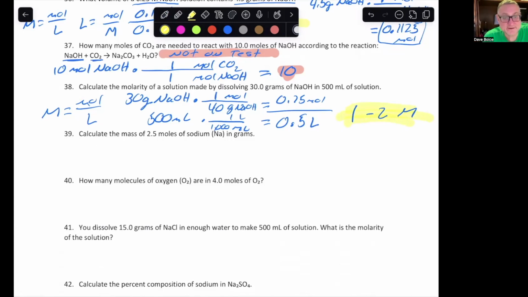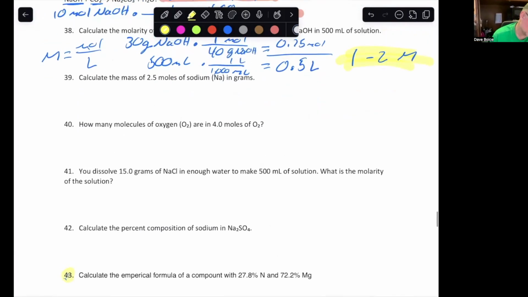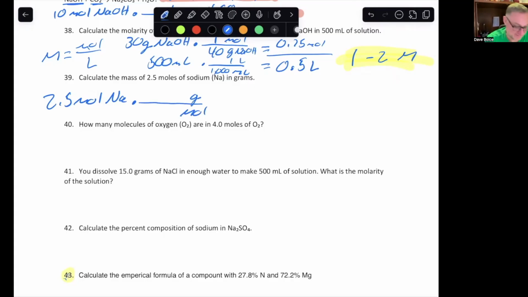Okay, 39. Calculate the mass of 2.5 moles of sodium in grams. And so start with my given measured quantity, as always: 2.5 moles of sodium. Okay, and I want this not in moles, but in grams. So moles to grams. I can do that. That's pretty easy.